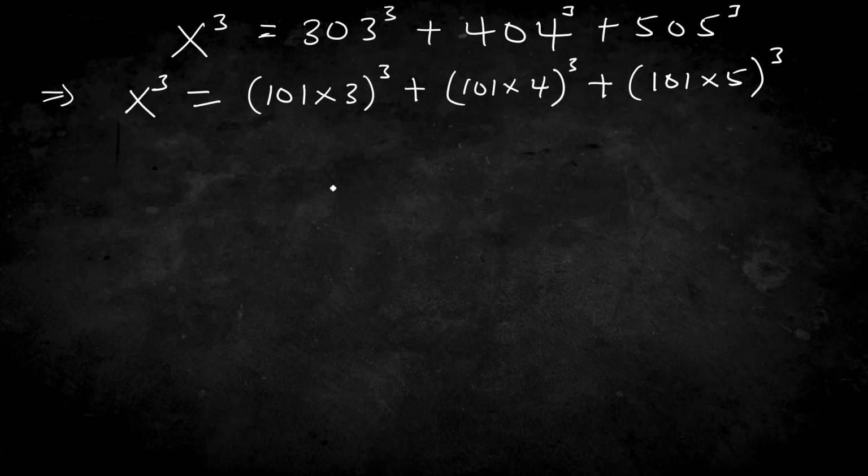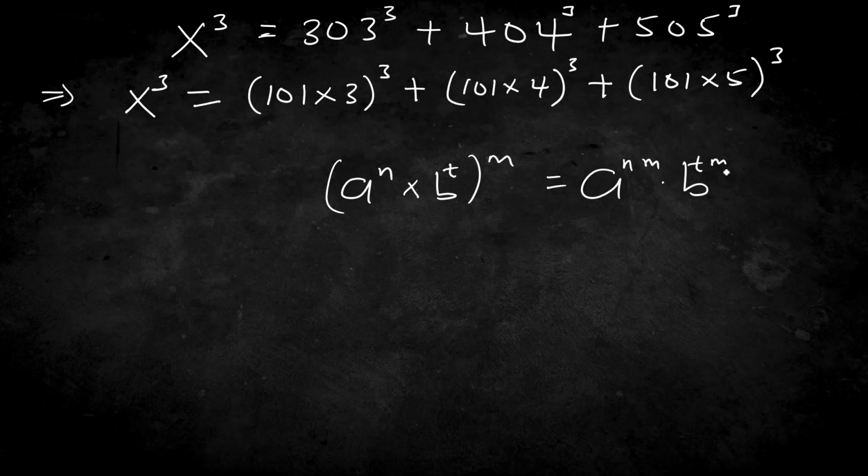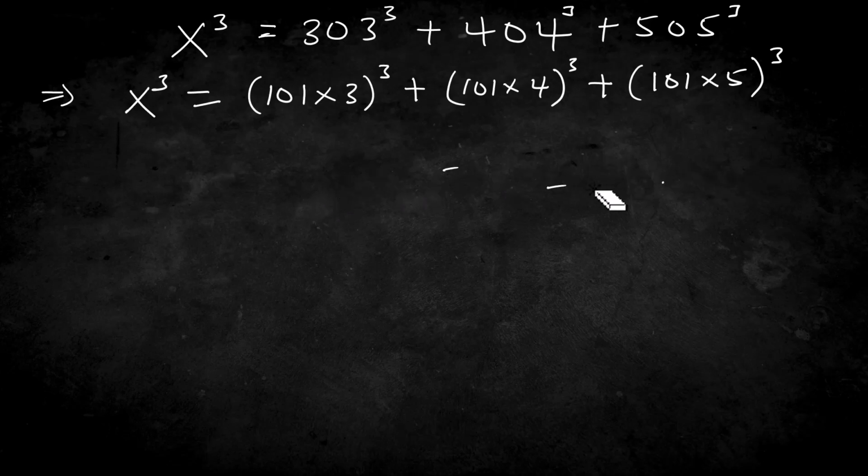Now remember, a to the power n times b to the power t, all raised to m. This power will affect this and affect that. So we have a to the power nm times b to the power tm. Let's arrange them well.